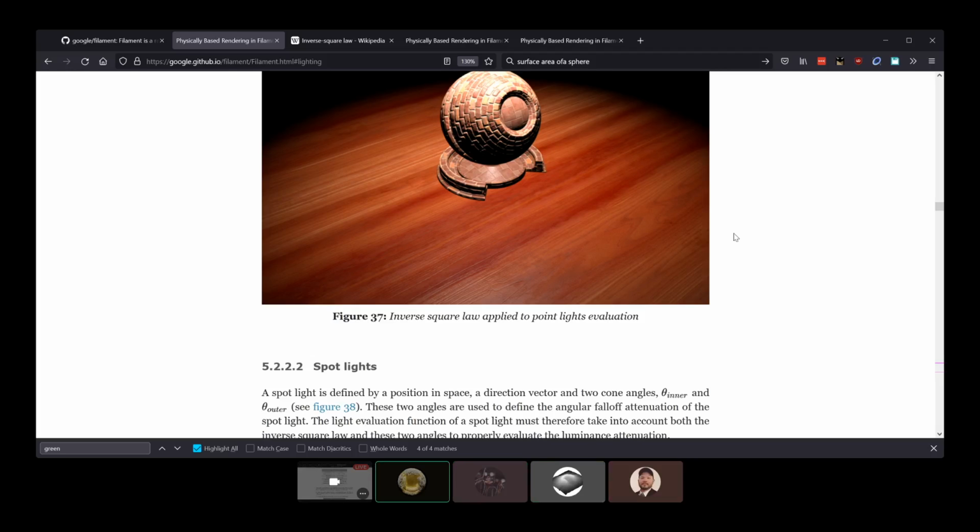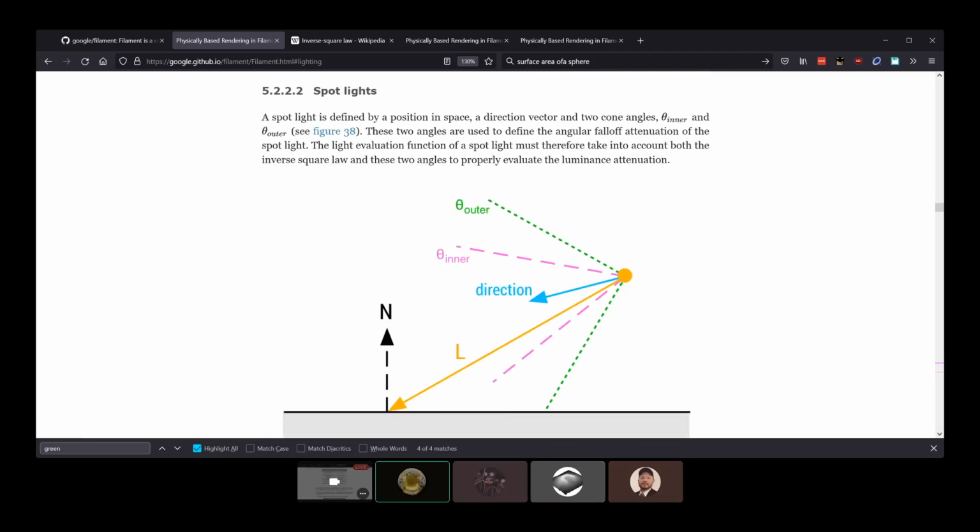Hmm. Yeah, we got a spotlight. There's two angles, an inner and outer angle. Have I seen it expressed differently than the inner and outer radius? Maybe not. I'm just thinking of Learn OpenGL and how it expresses the spotlight falloff.